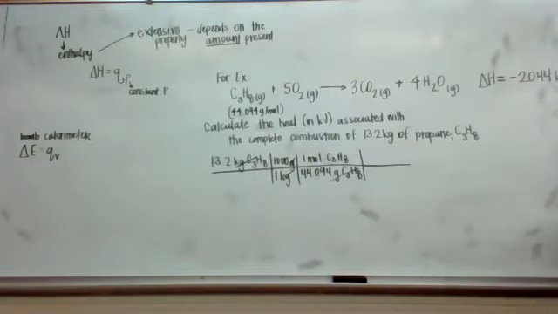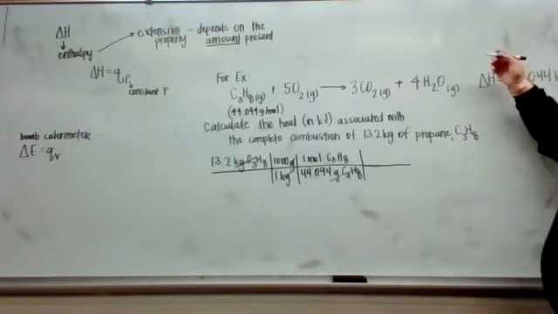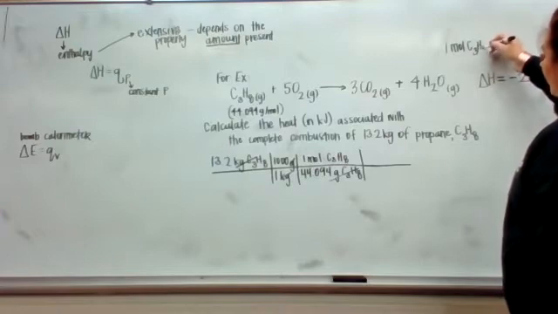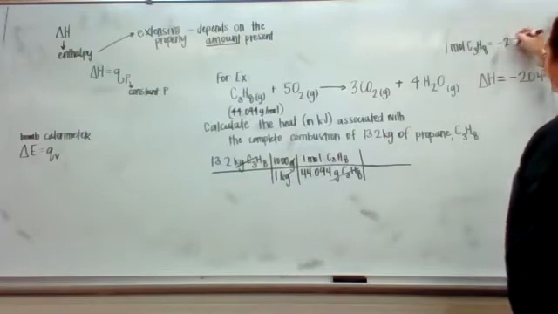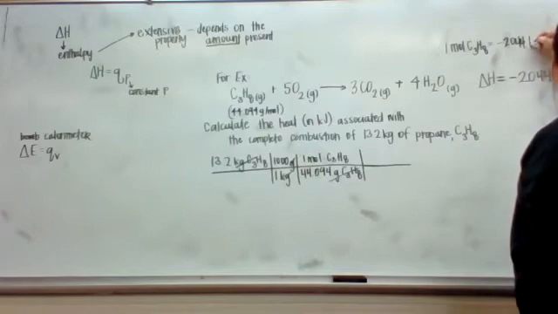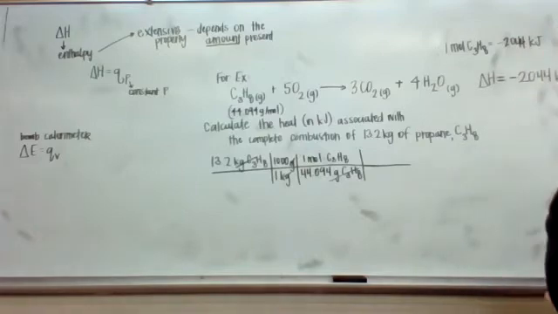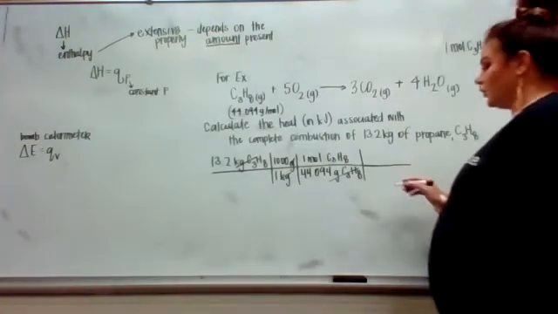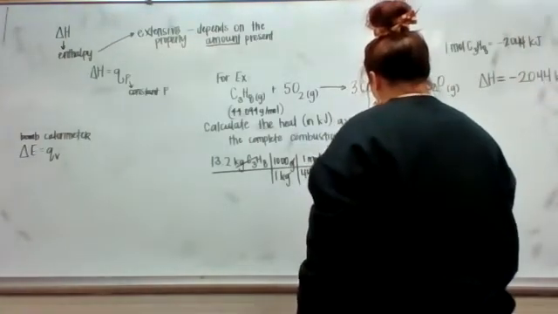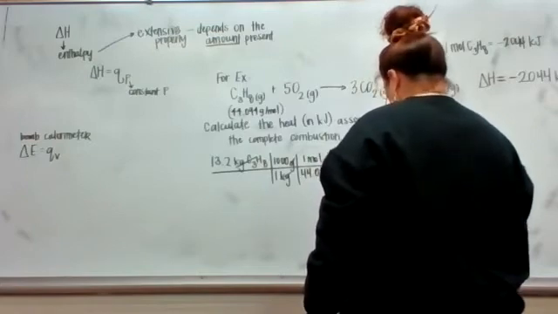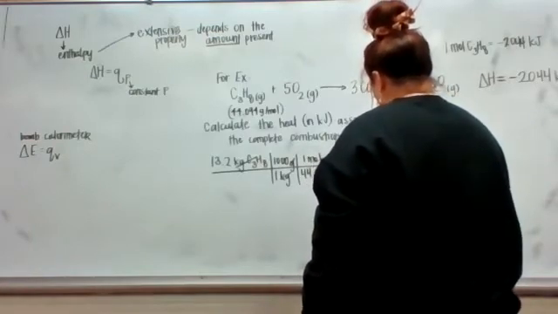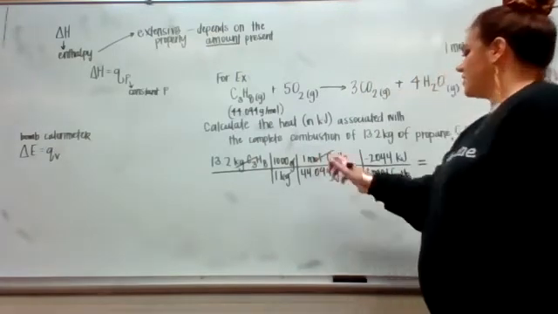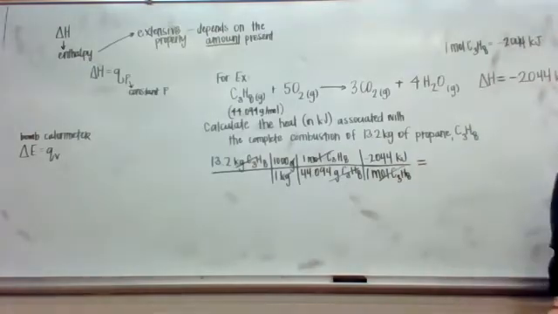Now I'm going to use the conversion that 1 mole, and I got this from the balanced equation, gives off negative 2,044 kilojoules of heat. If I want moles to cancel, I'm going to put the 1 mole on bottom and the negative 2,044 kilojoules on top. Mole cancels, and I'll be left with kilojoules.